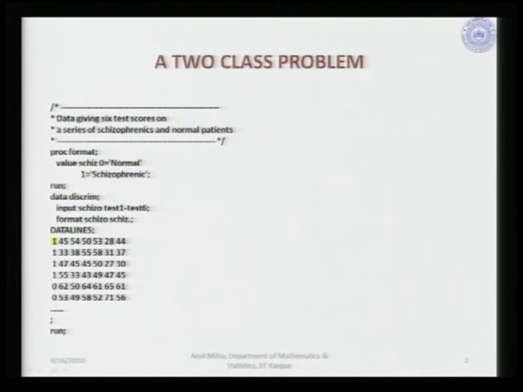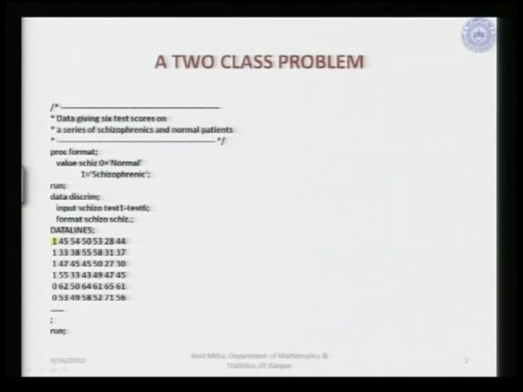We denote 1 if the patient is schizophrenic and 0 if he is normal. So this is the class membership, and the next 6 entries, 45, 54, 50, 53, 28 and 44, are the test scores corresponding to that particular patient.